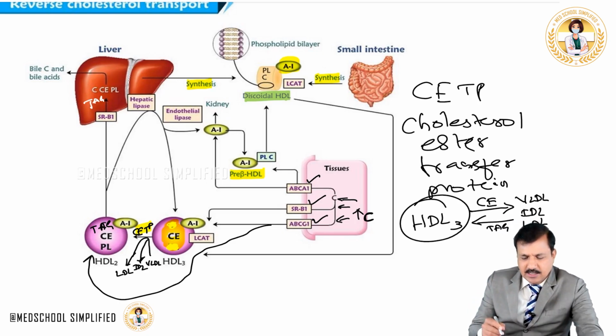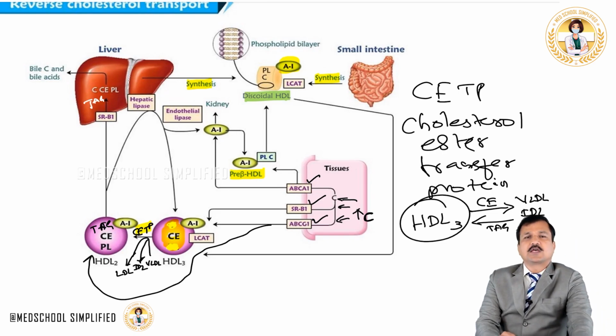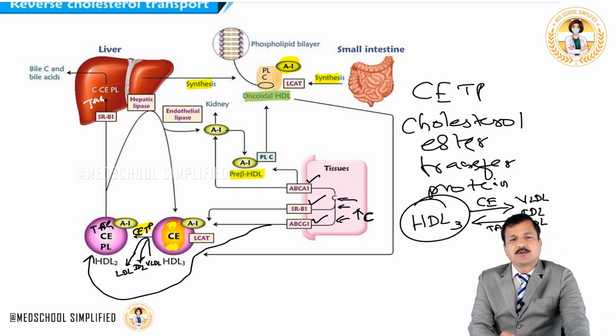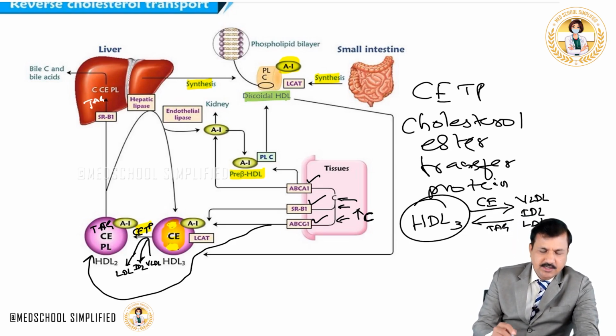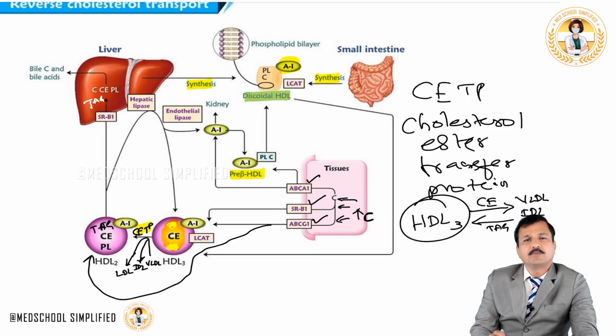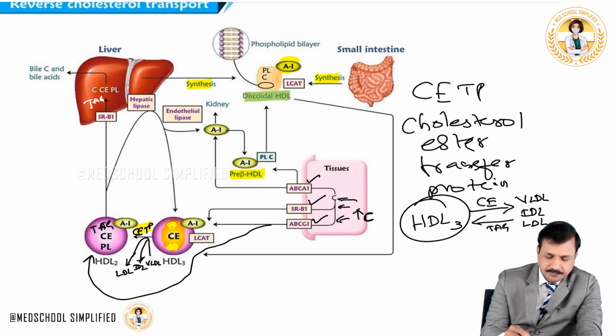But note that HDL3 generally doesn't lose cholesterol ester, although it is given out, because the LCAT enzyme continues to work. As I am showing here, it continues to bring cholesterol ester coming out of the cell through ABCA1, SRB1 and ABCG1 transporters, and it continues to be loaded into the HDL3 molecule, and eventually HDL3 will be converted into HDL2.